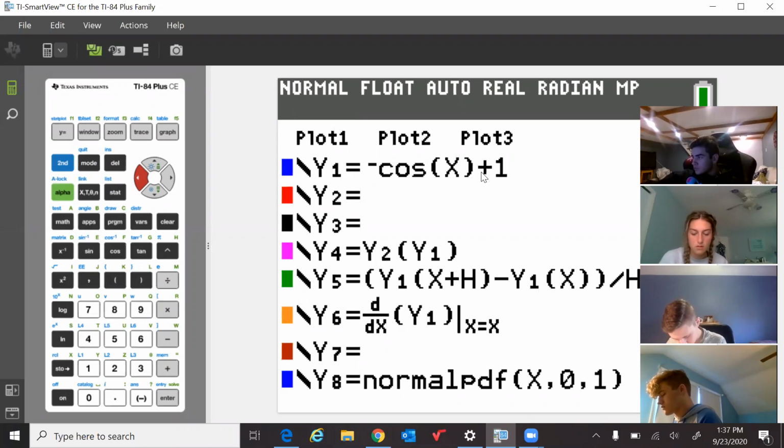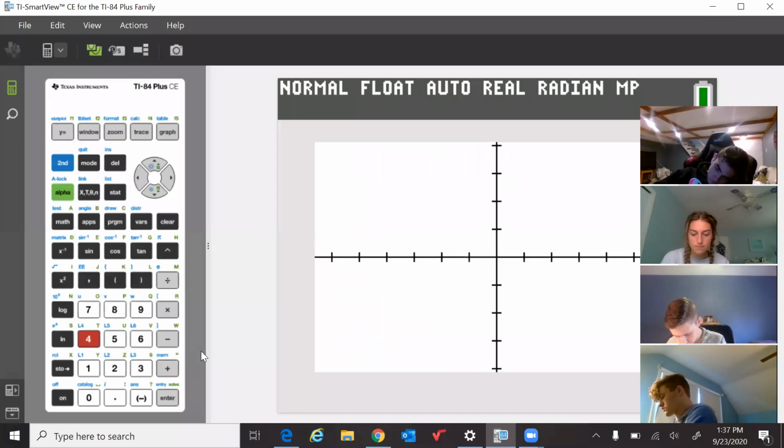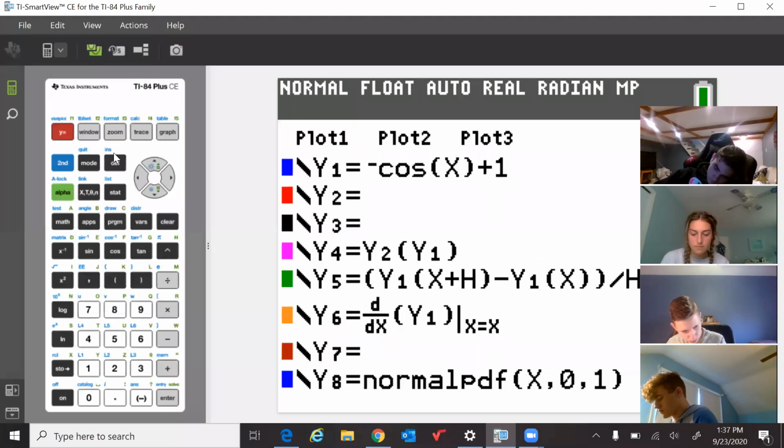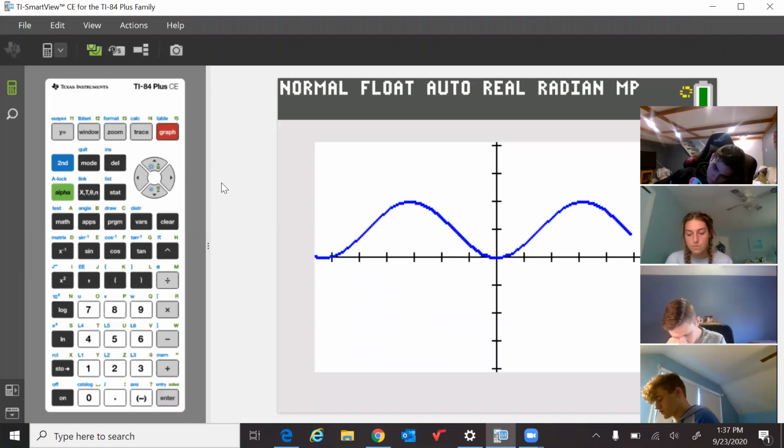So if that's what the numerator looks like, then you go back, here's the picture. Here's what the numerator looks like.